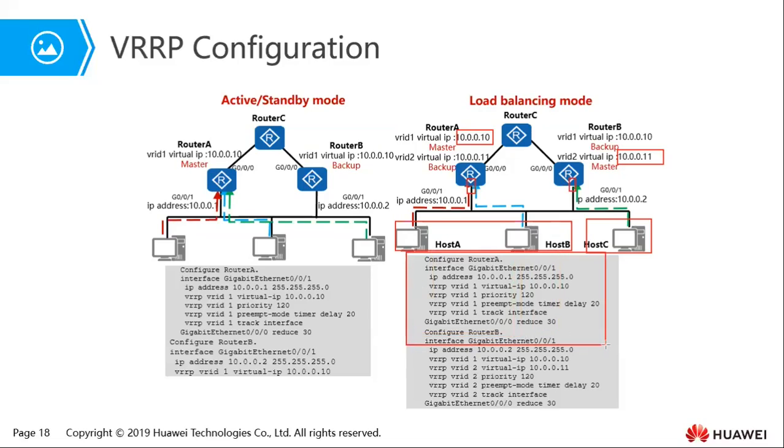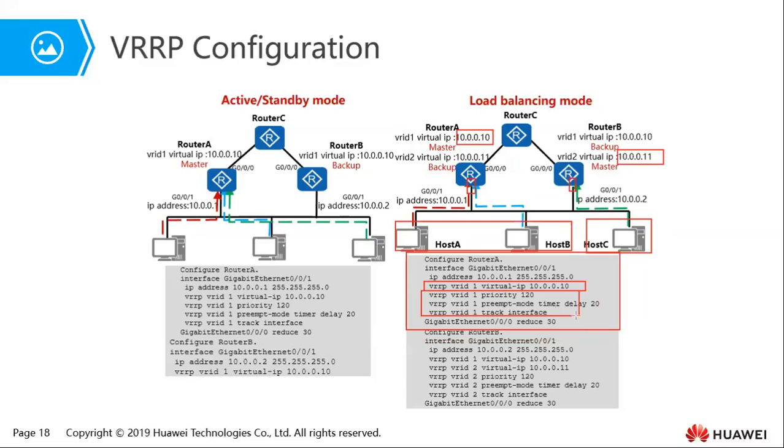So how do we then configure this particular setup? Let's look at router A, how we configure router A here. It's pretty easy. We go into that particular interface, then we use VRID 1 for group 1, then we give it the virtual IP.